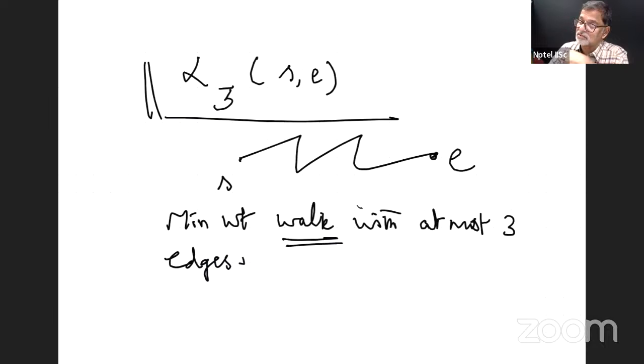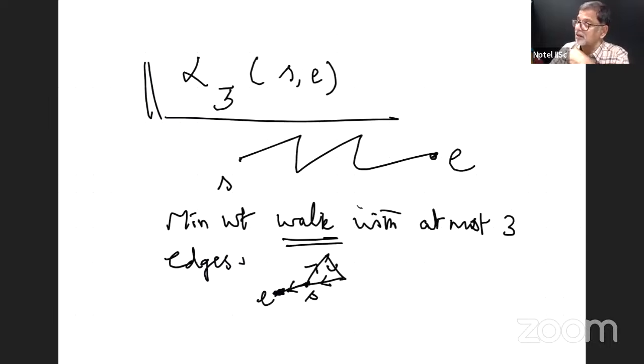So here is a walk of length 1, 2, 3, and this is 4. This is a walk of length 4.